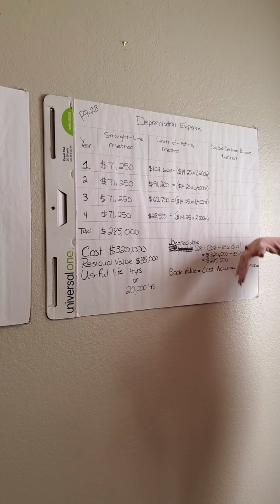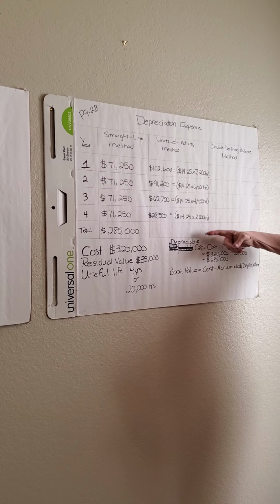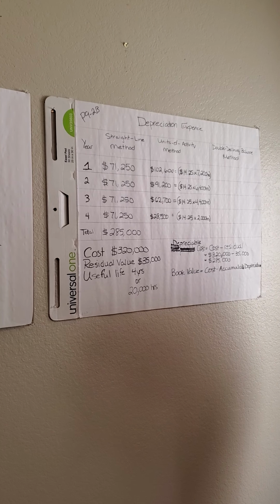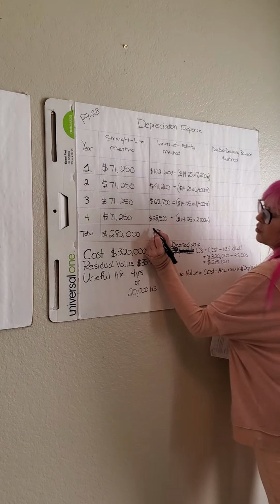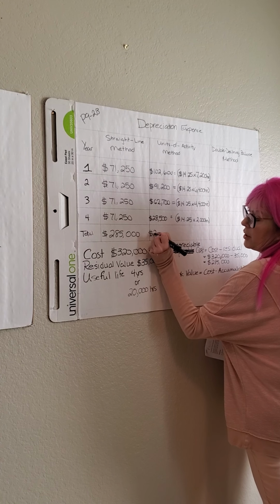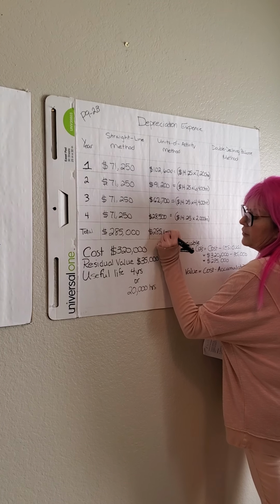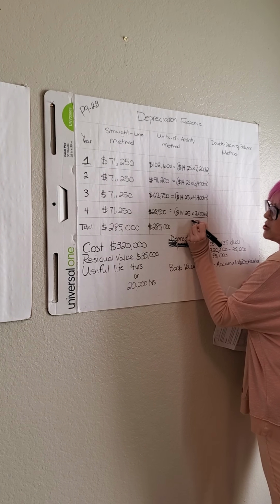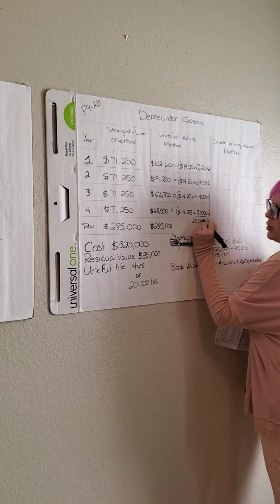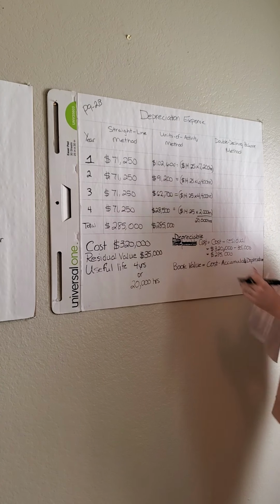Let's say you're using half the hours, you're going to have a longer life for that asset. But for purposes of this problem, if you add up all of our depreciation expense over 4 years, it still comes to $285,000, and the reason for that in this situation is because we consumed all 20,000 hours.